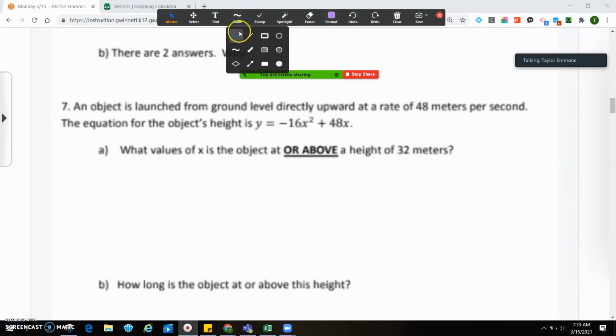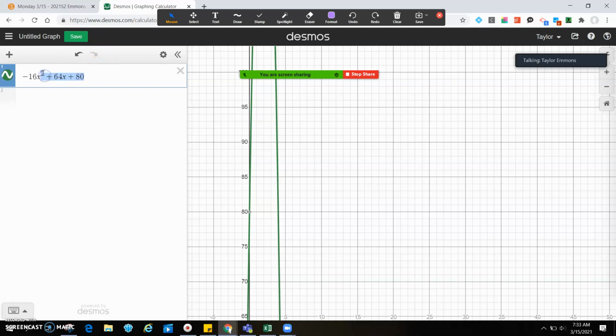All right, so an object is launched from the ground level directly upward at a rate of 48 meters per second. The equation is this, and at what values of x is the object at or above a height of 32 meters? Okay, so we're going to take this equation and plug it in here.